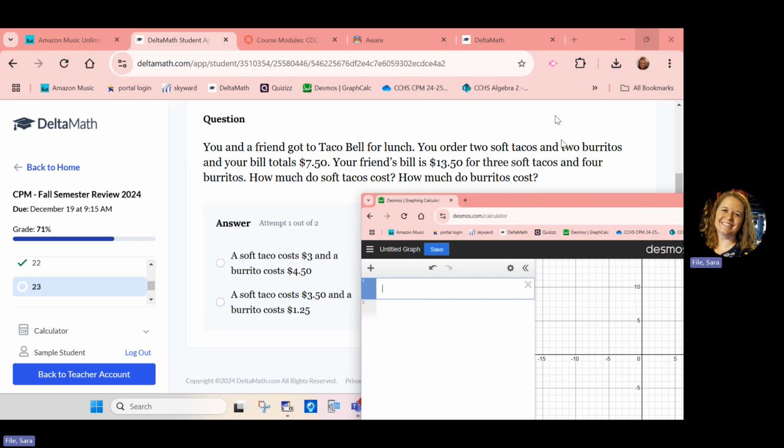Okay, so for the first person, it says 2 soft tacos, so 2X, and 2 burritos, so 2Y, and their total was $7.50. And then your friend got 3 tacos, so 3X, and 4 burritos, so 4Y, and their total was $13.50.